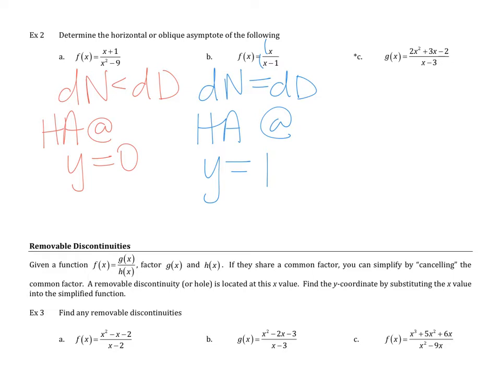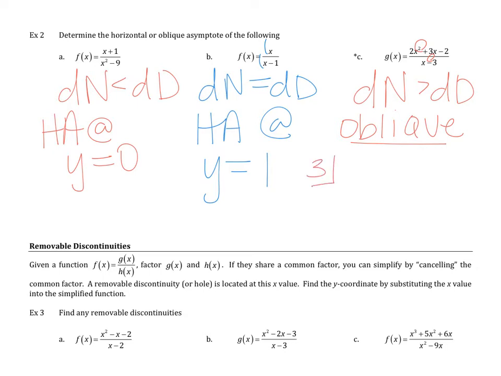And then for part C, here the degree of the numerator is 2, and the degree of the denominator is 1. So the degree of the numerator is greater than the degree of the denominator. So this tells us that we're going to have an oblique asymptote. To find that, we're going to use synthetic division. So I'm going to be dividing by x minus 3.